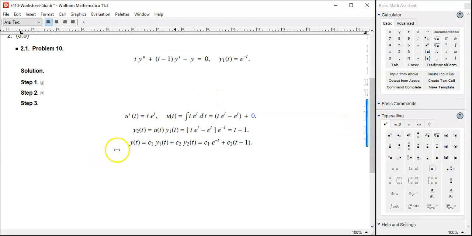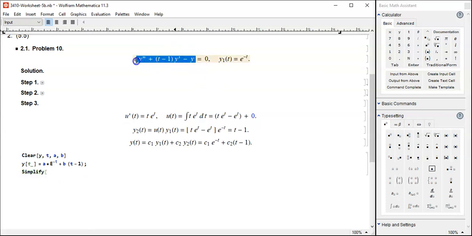And let's see if I did it right. A e to the negative t power, and then plus b times t minus 1, and then let's put the left hand side of this: t times y double prime of t plus t minus 1 times y prime of t minus y of t.